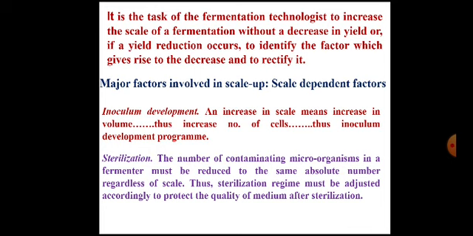Increase in volume means increase in the number of contaminants, and finally you want to reduce the number to N_T, that is, the value of N_T equals 0.001. So this number remains same, but the initial number will increase if the scale is increased. Therefore, as the scale increases, the initial number of contaminants will increase, and therefore the conditions may not be same. Sterilization conditions may not be same for small scale and the higher scale.